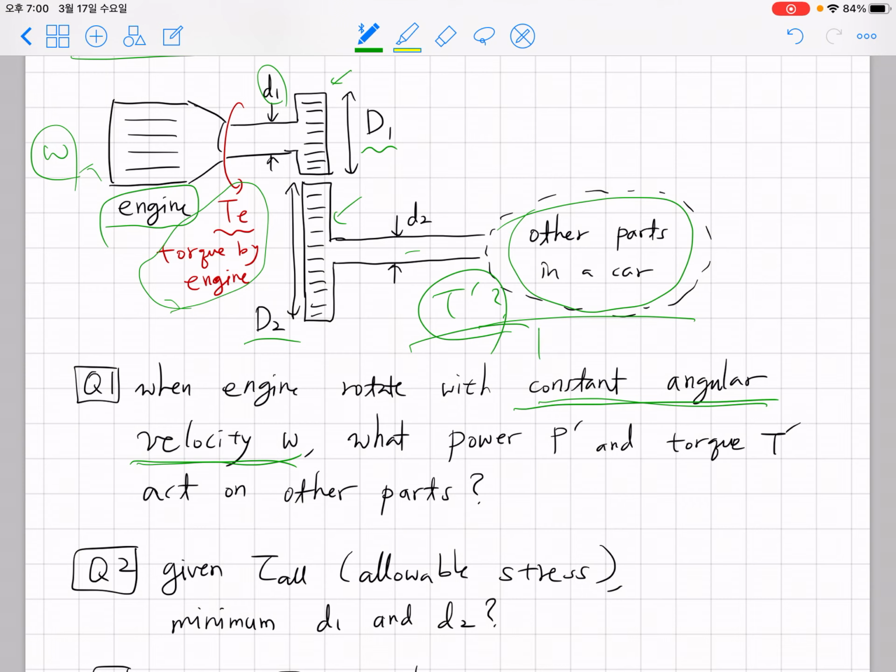Then what about power delivered to other parts of the engine? Of course, in a realistic problem, there is a heating problem and a noise problem, which dissipate energy and waste energy. But here we're not going to consider any noise or any heat transmission problem. We just simply consider mechanical energy transfer, and that's it.